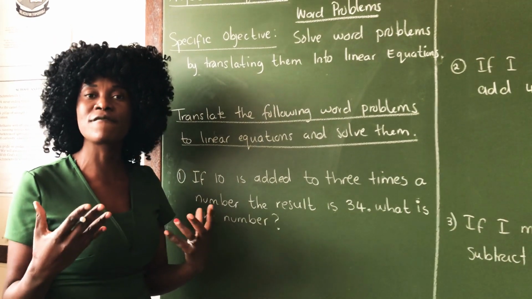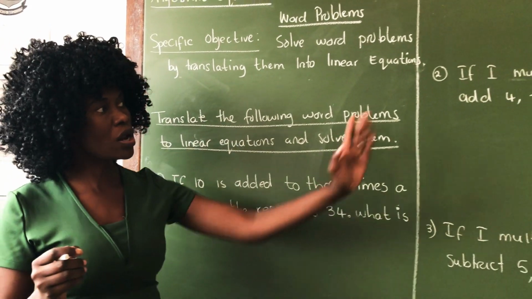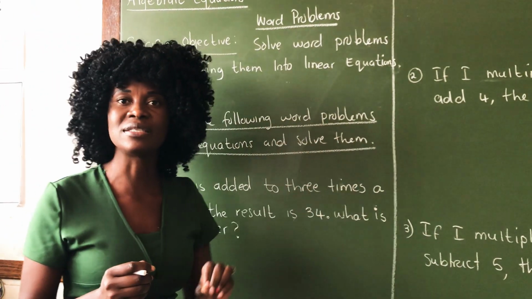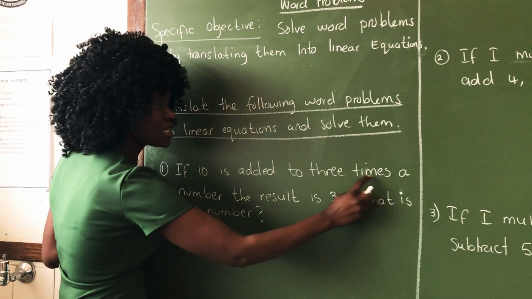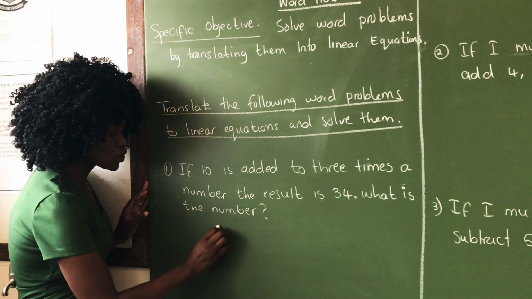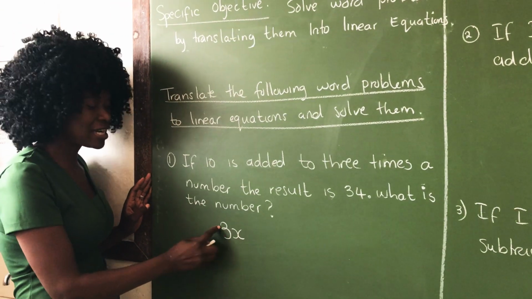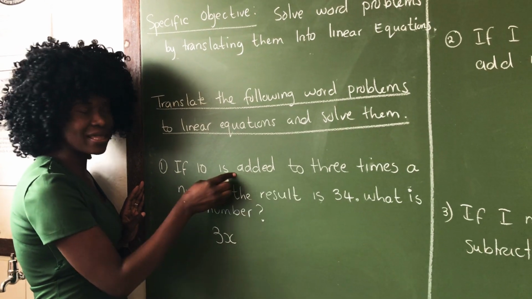So the number that we're looking for, since it's unknown, we'll be using the value of x. So in all of my equations, I'll be using the value of x to find this number that is unknown. So if 10 is added to 3 times a number, I have 3 times a number, this is the number that we are looking for. 3 times a number means 3x. Now 10 is added.